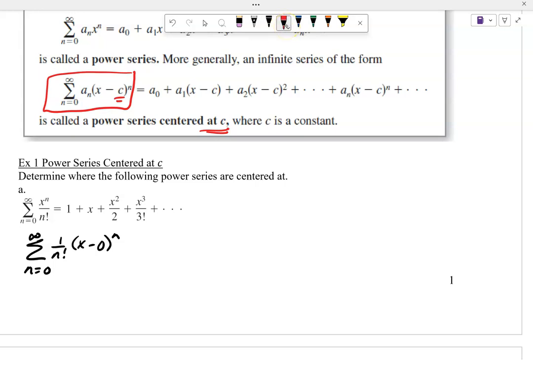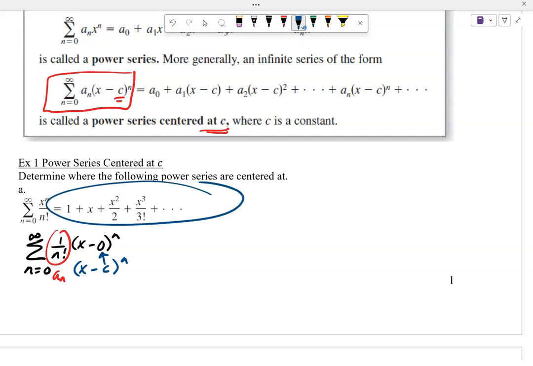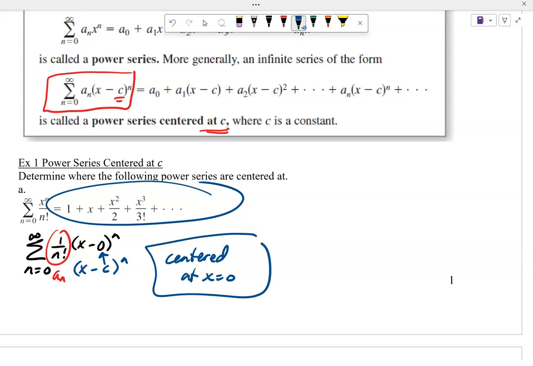And that's so that you hopefully will recognize, here's my a_n part, and here's my x minus c part. So this thing is centered at 0, right? And if you were to expand it, it would look like that. I'm going to talk more about this centering in just a minute. I just want you to recognize right now it's a power series, fits the form, and where it's centered at initially.